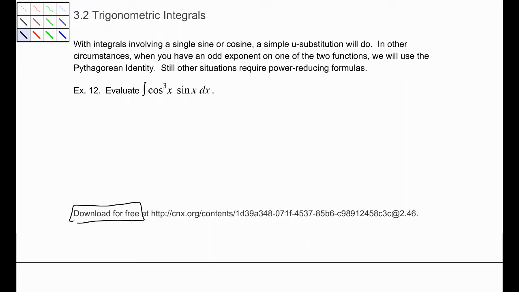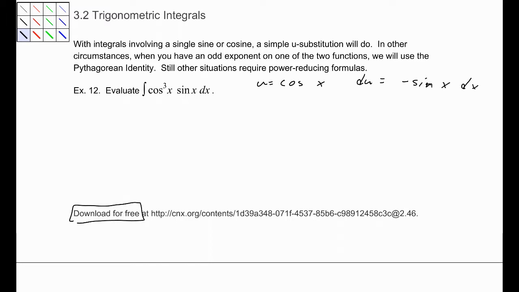Alright, so example 12 here, evaluate cosine cubed x sine x. Okay, easy enough, we've got a single sine. So we're going to make a choice of u equals cosine x. That way, when we take the derivative, du, we will get negative sine x dx.